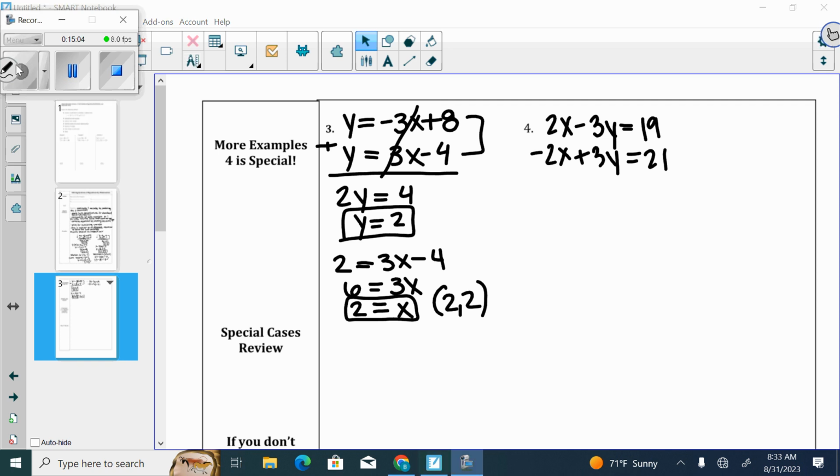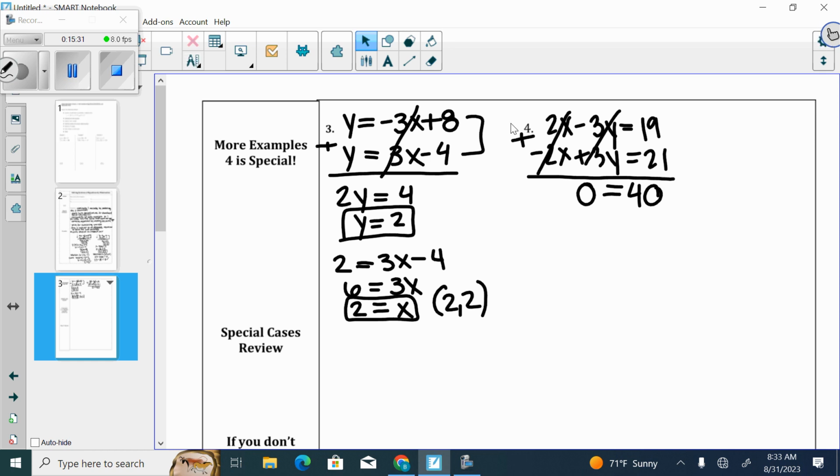The correct solution, what happens? Very good. When we added these together, the x's gave us 0 and the y's gave us 0. So we ended up with 0 on that side of the equation, right? Is equal to 19 plus 21, which is 40.